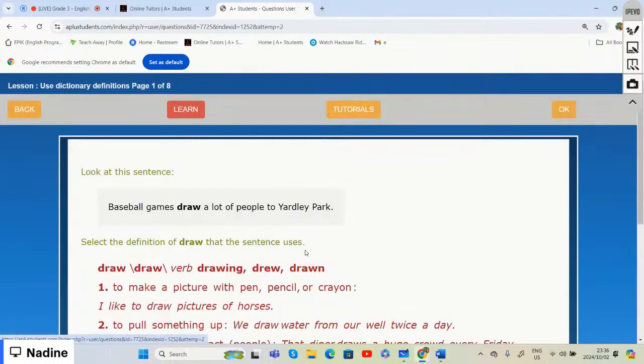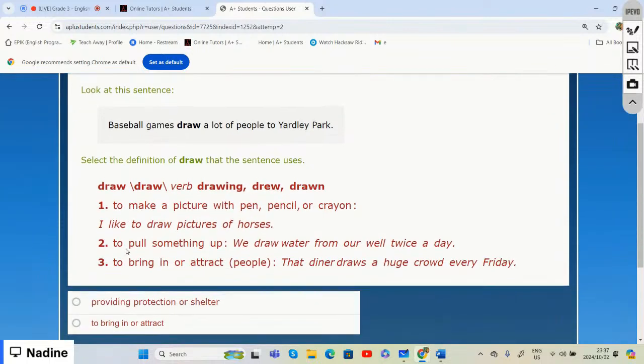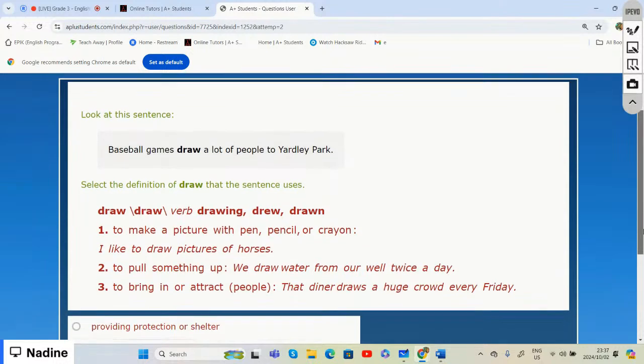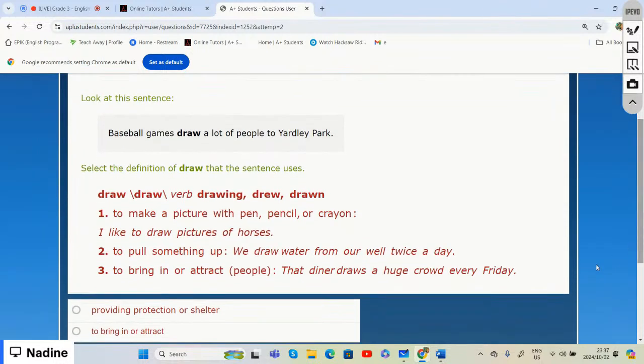All right, so now we're going to our test where we're going to use dictionary definitions. They say, look at the sentence. It says baseball games draw a lot of people to Yardley Park.